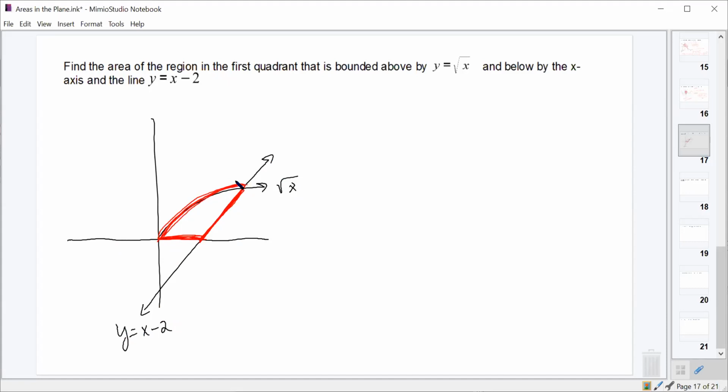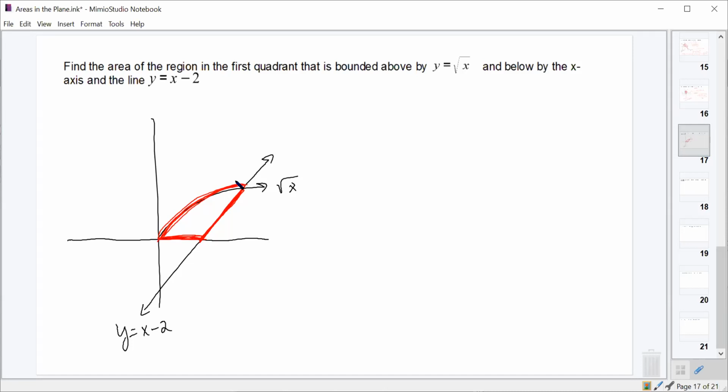Right, it's this region that I've sort of outlined in red, the region in the first quadrant. Everybody agree there? Good.